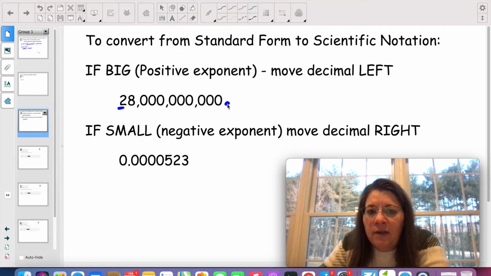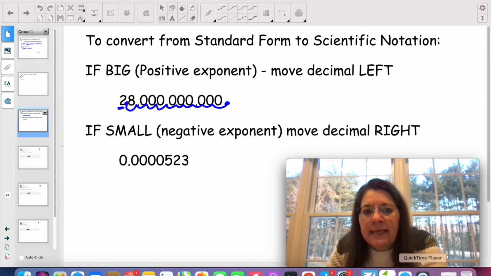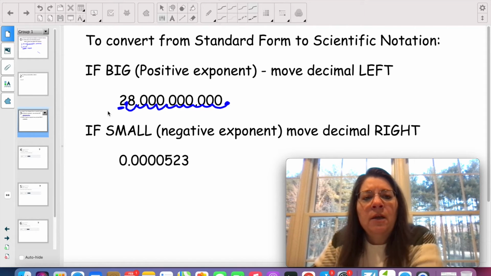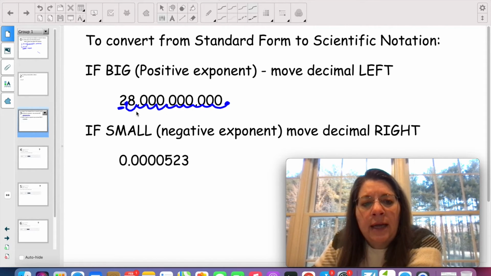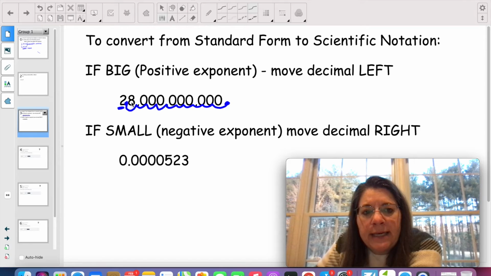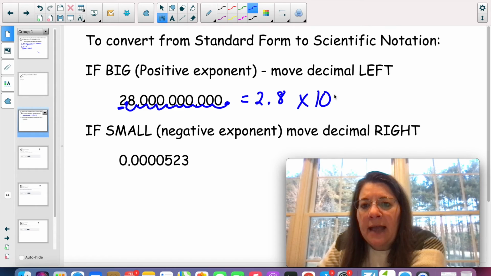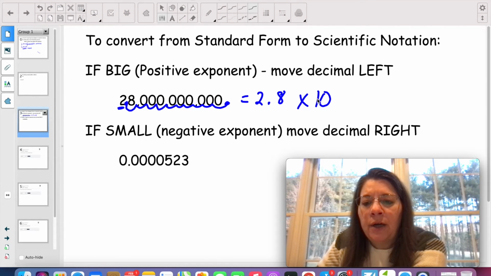So when I do this, I'm going to count as I move my decimal. 1, 2, 3, 4, 5, 6, 7, 8, 9, 10. I moved my decimal 10 places. So when I rewrite this number, it's going to be 2.8, and we multiply that 2.8 times 10, and that 10 will be to the power of the number of times we moved the decimal.